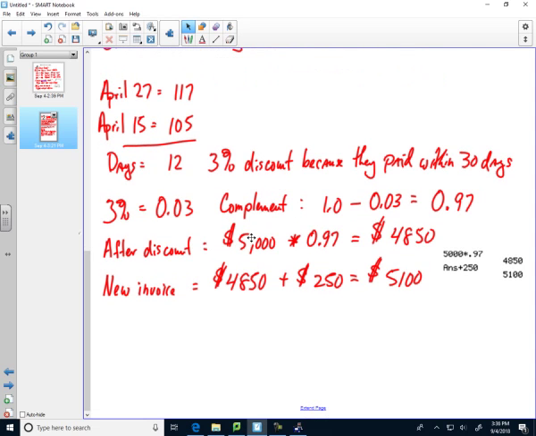Now, just like I did before, I put the date where it was paid on top. So look up in our chart here.